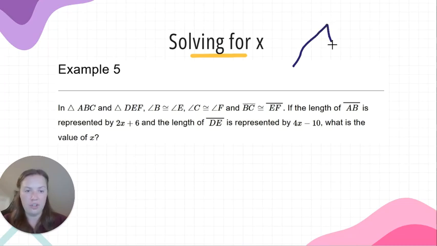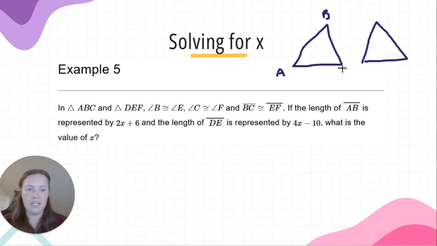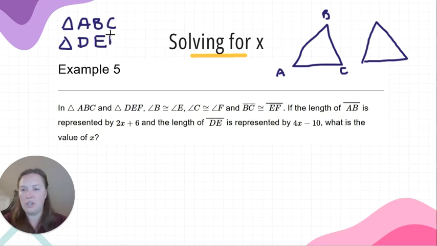So I'm going to have two triangles. Bear with me, I promise they're triangles. Pretend like they are perfectly congruent to each other. And we've got A, B, C. And remember, when we're working with order, A, B, C and D, E, F, right? We can put them on top of each other, and we know A goes with D, B goes with E, and C goes with F. So I have A, B, C, and then over here, I'm going to do D, E, F in that same walking around order.